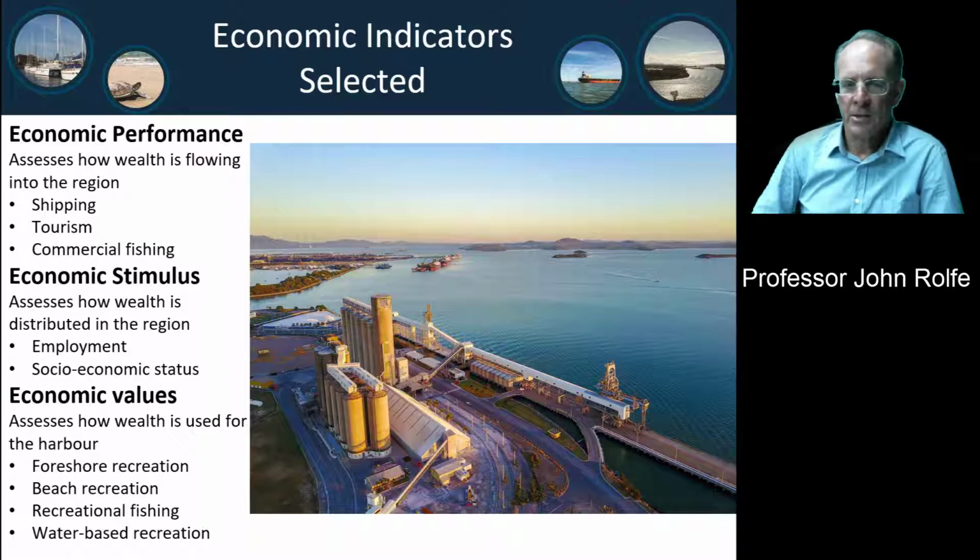And the economic value component looks at how that wealth is being used to enjoy the harbour. For that, each year the recreation levels are measured by looking at the recreation use of the foreshore, of beaches in the area, of fishing in the area, and other water-based recreation such as boating.